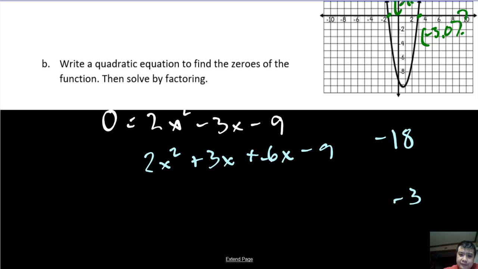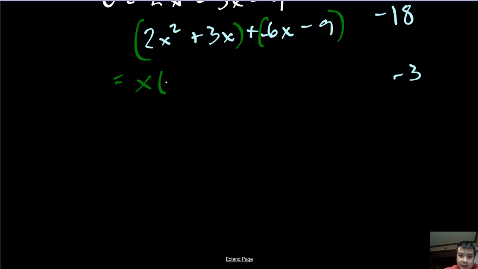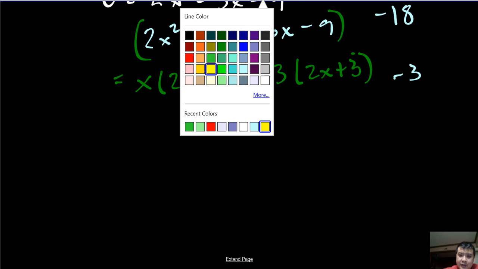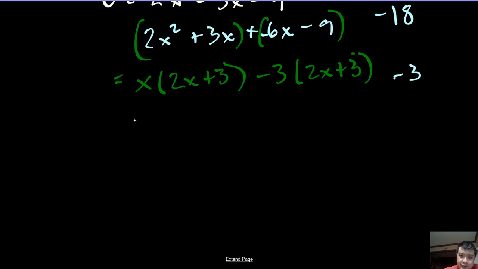Factor by grouping. We get x(2x + 3) - 3(2x + 3). And then we're going to factor out our binomials here. So we get (2x + 3)(x - 3).